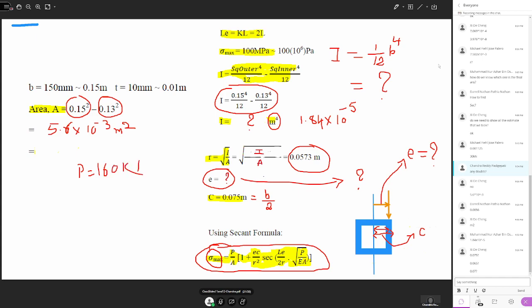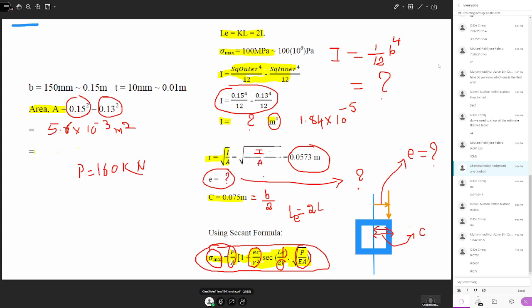So you know E, C, and R, so you know everything: EC over R square, and so on. The only unknown quantity is L. Instead of using effective length LE, use 2L.